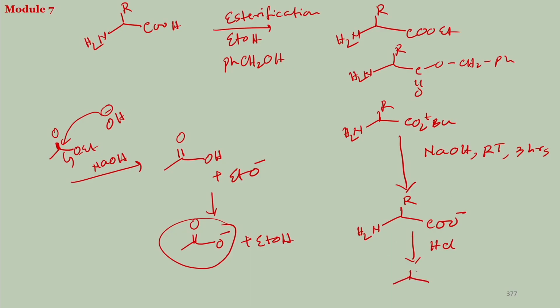So, you have to acidify it, that will give you the carboxylic acid. So, it actually includes 2 reactions. One is treatment with the strong base sodium hydroxide, followed by treatment with hydrochloric acid. So, base, then comes the acid. So, that is another way of deprotecting the ester group that is present in the amino acids, and this is what we usually use in solution phase chemistry.